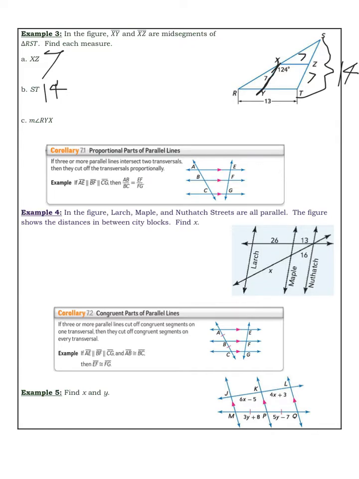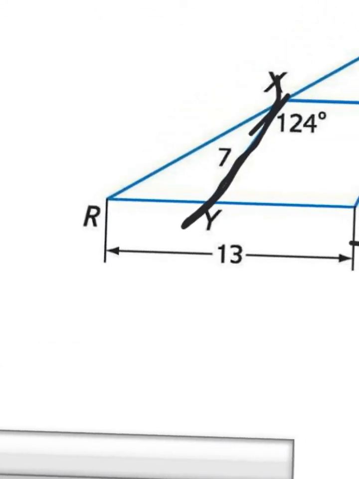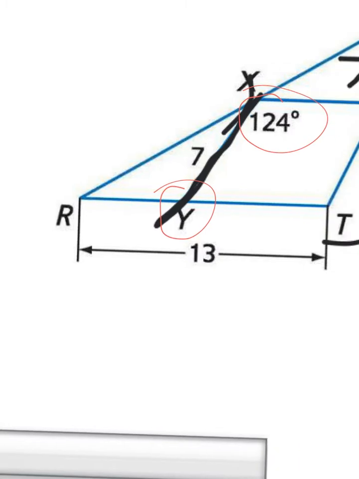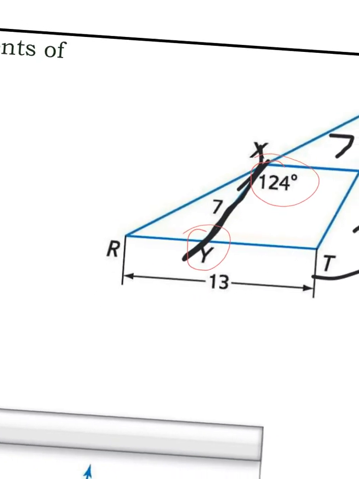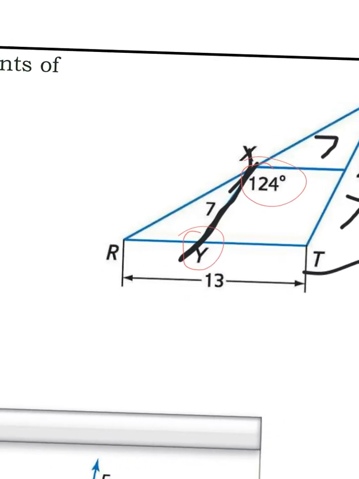And to figure out what measure RYX is, well, let's look at where RYX is. It's right there. Okay, and the important information here is angle YXZ, which is 124. And remember, we have some parallel lines here because of the midsegments.